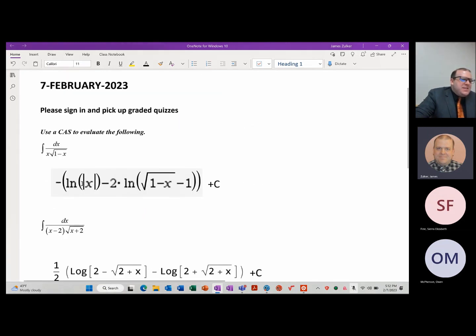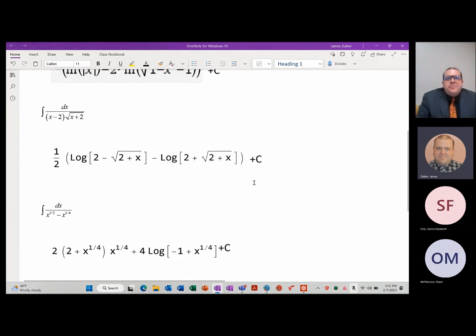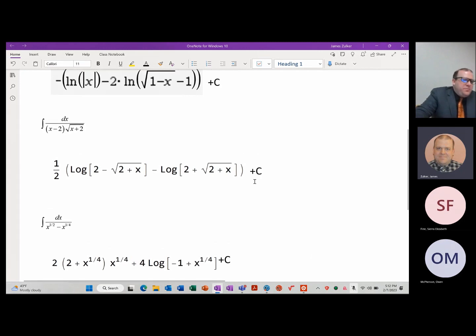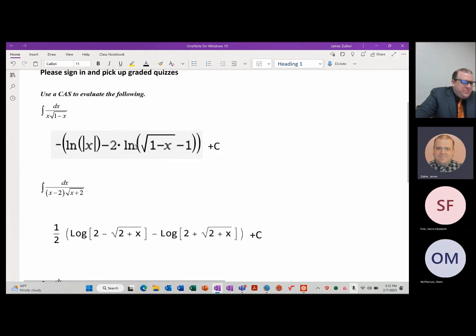Notice that the Inspire gave us absolute values. Mathematica doesn't. I'm assuming the reason it didn't give an absolute value here is because it's saying this will never be negative. I don't know how they can know that, but apparently it does.